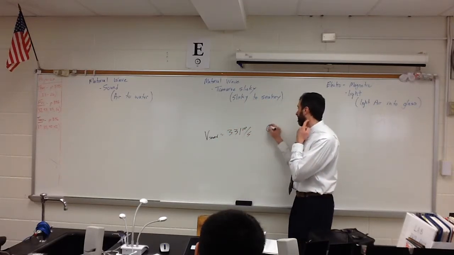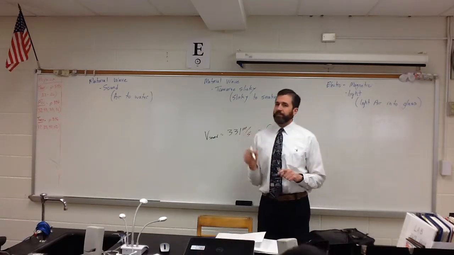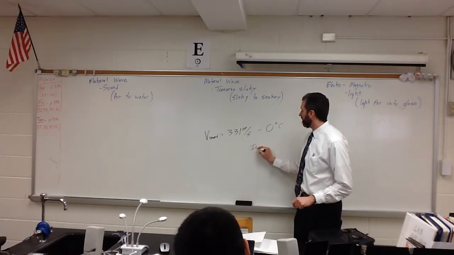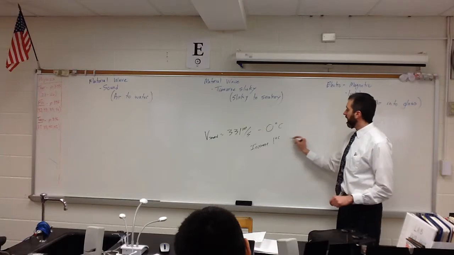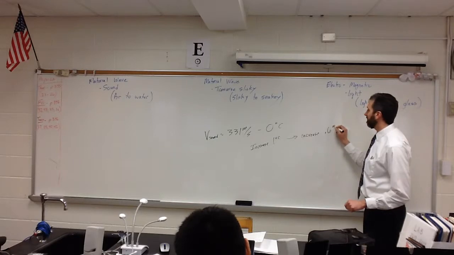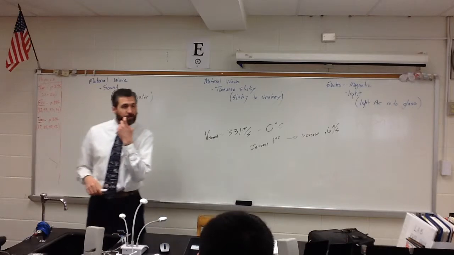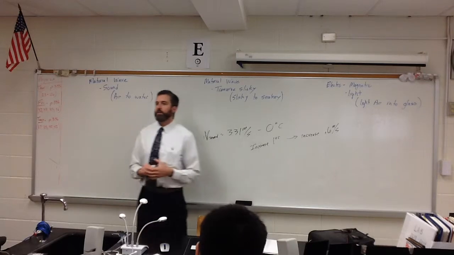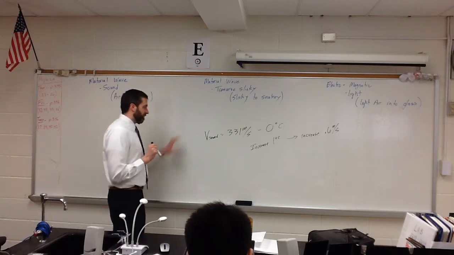But each degree that you go up, if you increase 1 degree Celsius, you will also increase the speed of sound by 0.6 meters per second. So every degree you go up, the speed of sound travels a little bit quicker. Since you've changed something about the material, you change the speed that that wave travels. Now, that's for a sound wave.